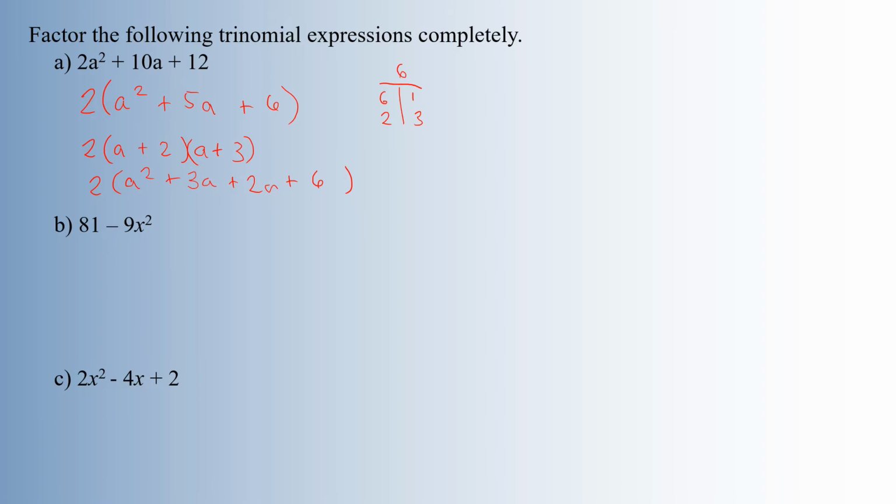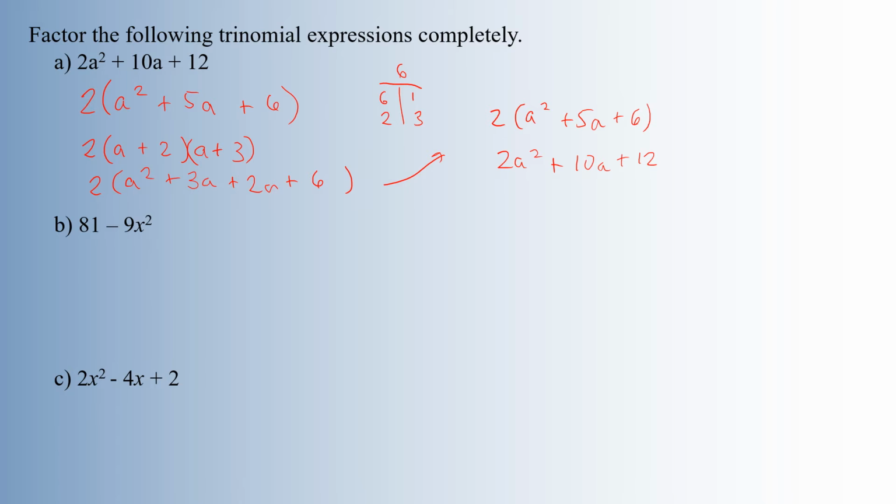Then we combine like terms, 2a plus 3a is 5a, so this is going to become 2 times a squared plus 5a plus 6, which then when you redistribute the 2, it's 2a squared plus 10a plus 12. So we did get back to our original, so we know we factored it correctly.